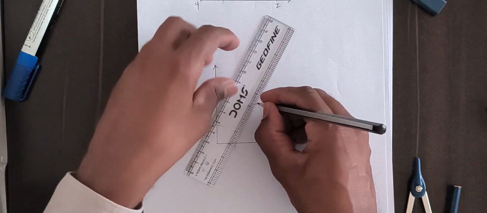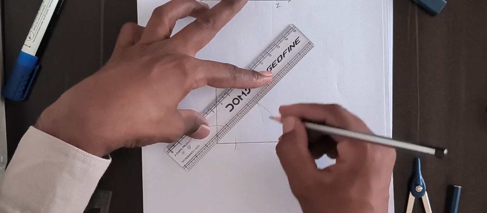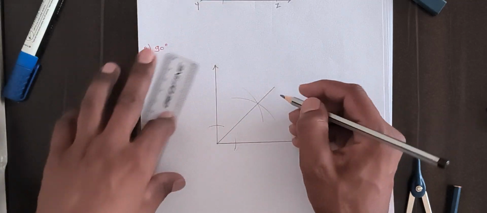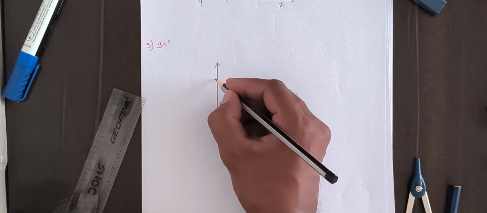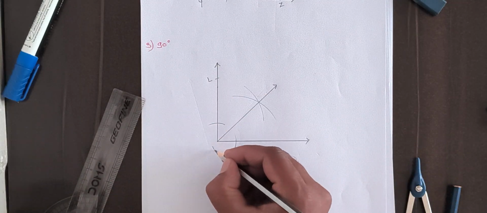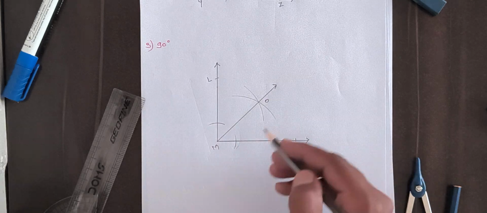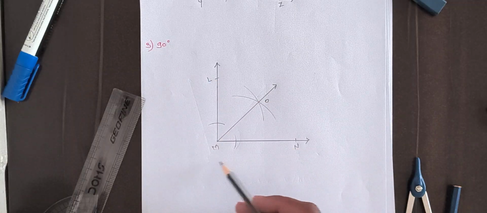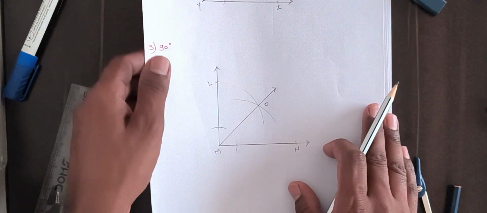Now from that point I need to draw one ray passing through the vertex of the previous angle. Yes, this is the bisector. Here also you can give the names L, M, N. This one you can give as O. So MO is the bisector of angle LMN. This is the first and second question done.